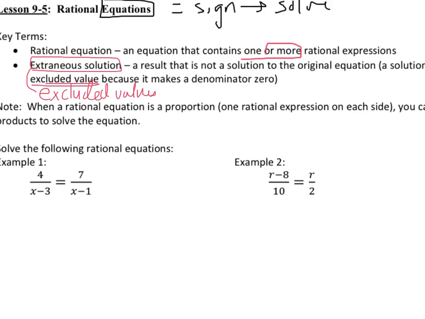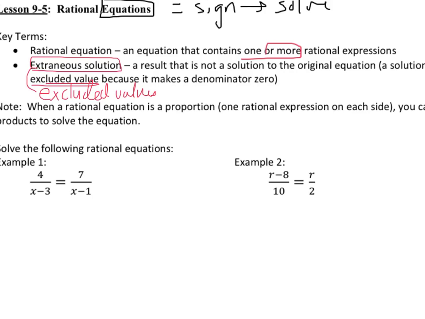But because it is in an equation now, it's called an extraneous solution, which means if we solve the rational equation and we get a number, and that number happens to be an excluded value, it's considered a solution, but an extraneous solution, because if you were to plug it back in, it would not work because it would cause the denominator to be 0.